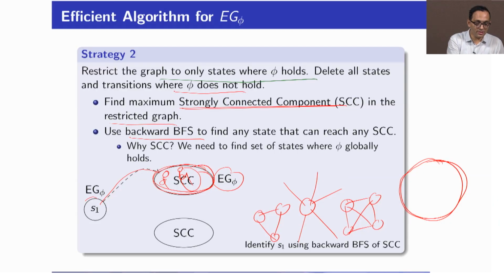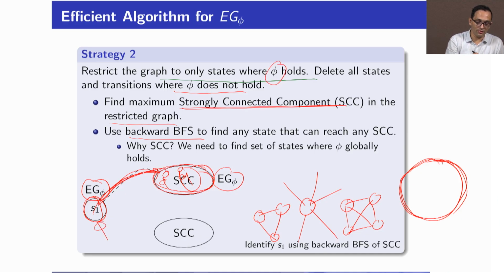Now, I will try to find the states from which there is a transition to this SCC. I will identify the states where there is a transition here, and then I will mark these also EG phi. Why? Because now I have found a path, since I have already removed all the states where phi does not hold.